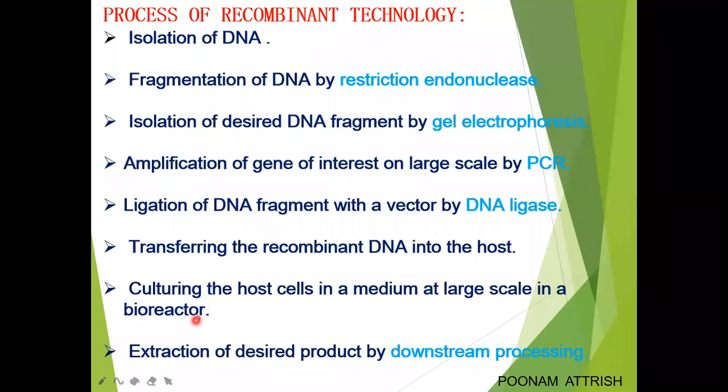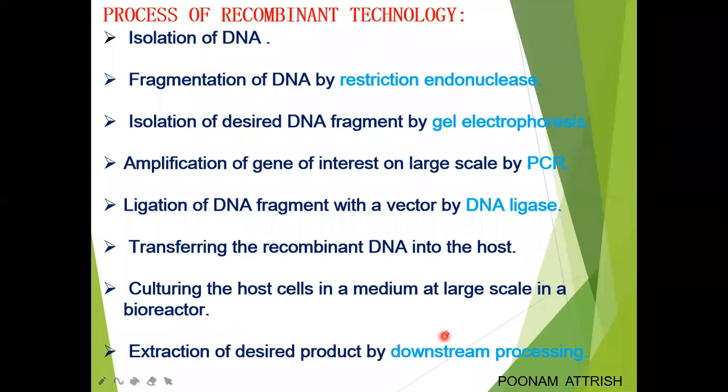And afterwards, what is the last step? Downstream processing. What is it? We get the product. We withdraw our desired gene product from the bioreactor. Now, our desired gene product, which we call recombinant protein, has some impurities. So these impurities have to be removed, by separation, by purification, of our desired gene product more specifically, and then we call it downstream processing.